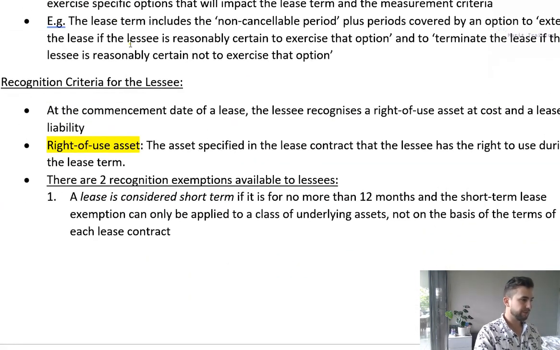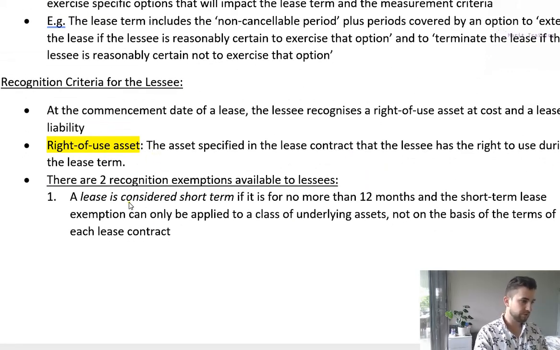So this is important for a few reasons. Number one, of course, you need to do the present value. Number two, the initial recognition is the lower value of present value of minimum lease payments and fair value as well. And number three, this was hiding.